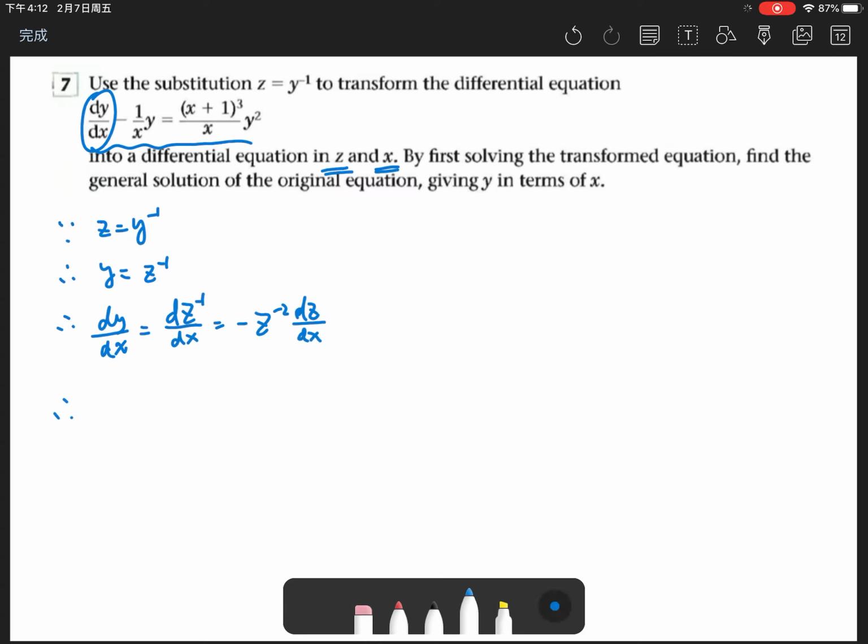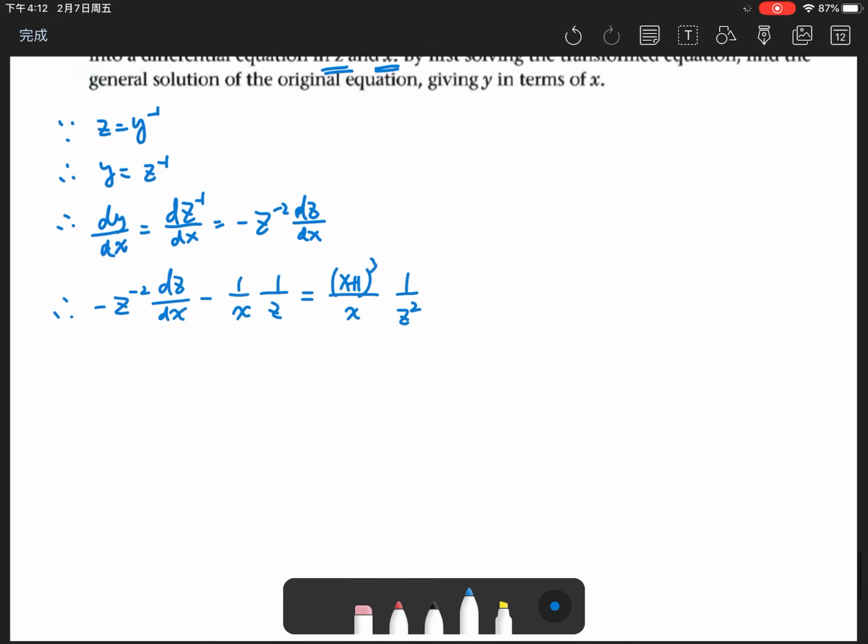Then we can do a replacement: negative z to the power of negative 2 dz by dx minus 1 over x times y, where y is 1 over z, equals x plus 1 to the power of 3 over x, and y squared should be 1 over z squared.